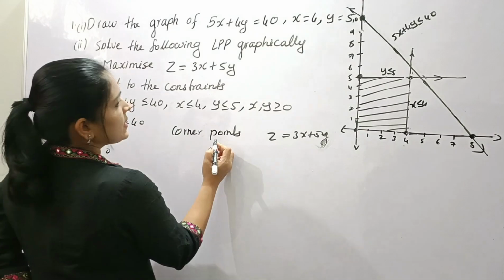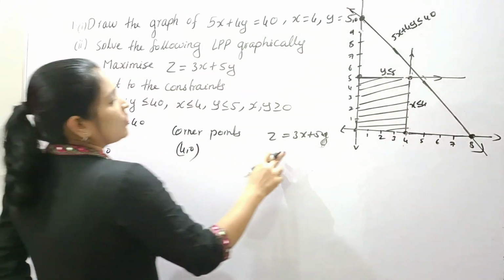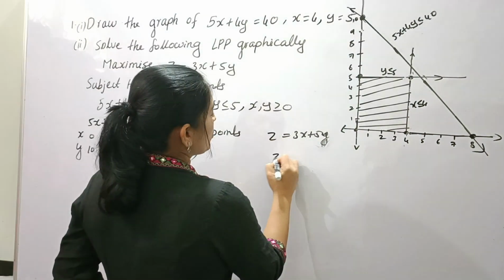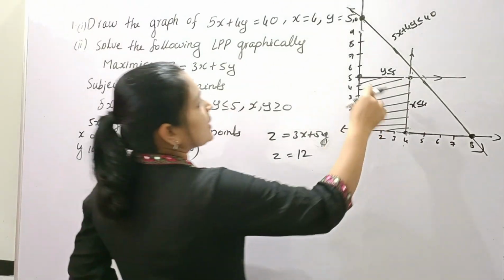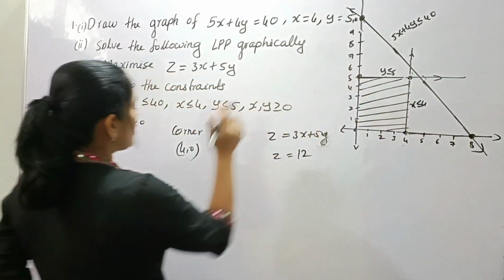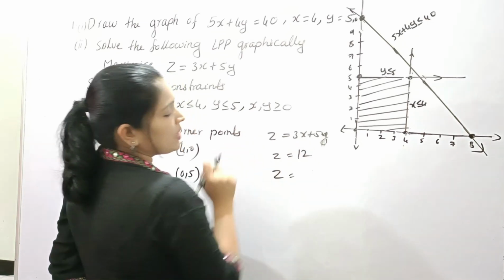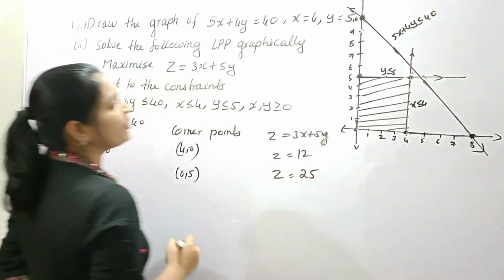Corner point 4, 0. What is z? Put x is equal to 4, y is equal to 0. z is equal to 3 into 4, that is 12. Next, 0, 5. Substitute x is equal to 0, y is equal to 5, that is 25. z is equal to 25.